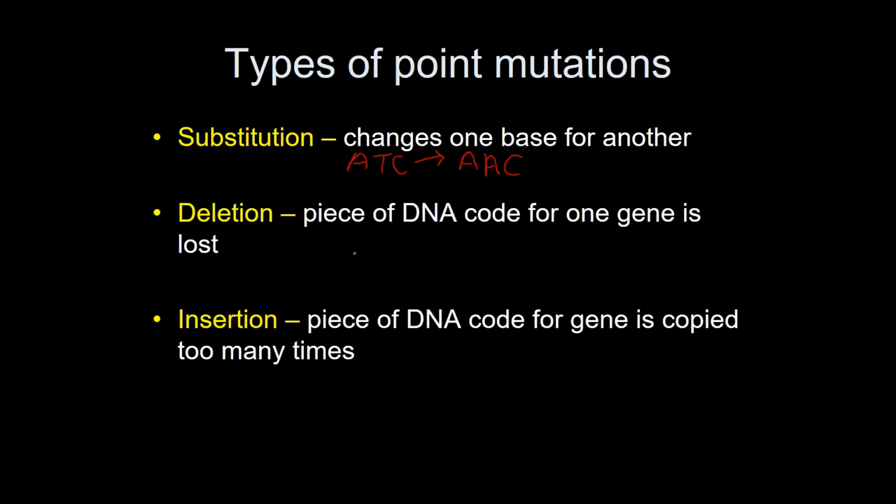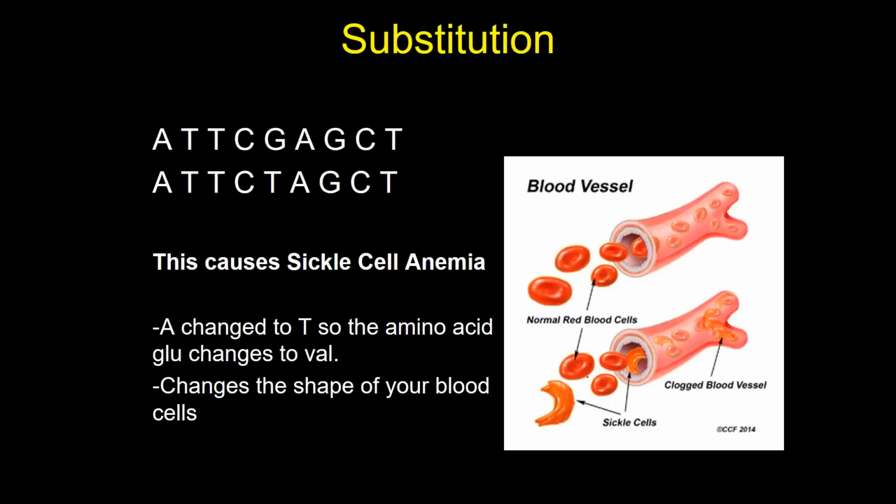In a deletion mutation, it's exactly as it sounds. So once again, instead of ATC, we maybe delete one of the letters, so now we just have AC. That's our deletion. And an insertion, we have, for instance, ATC, and we are going to insert, maybe a GTC. Those are our basic types of mutations.